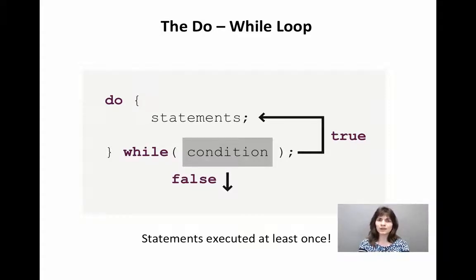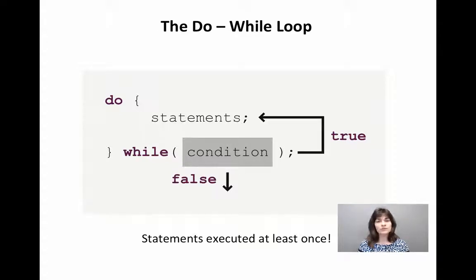What does that imply? It implies that the body is going to be executed at least once, even if the condition that is in the parentheses never was and never will become true. The body of the do-while loop is going to be executed at least once.